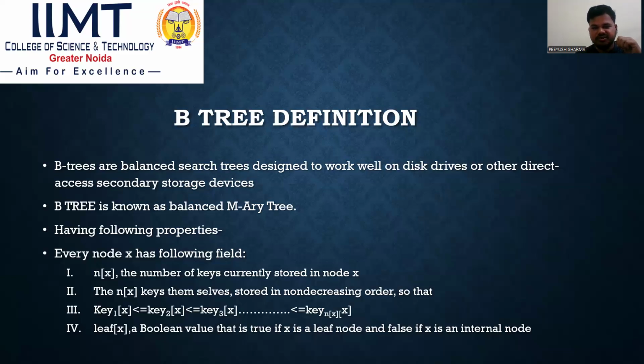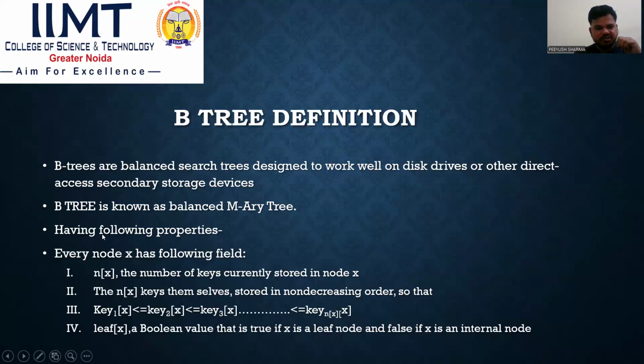So that tree is known as a ternary tree. Similarly for the quaternary tree and so on. So here we see a B-tree is an M-ary tree. That means at most M children are possible, right? So B-tree is also known as an M-ary tree.